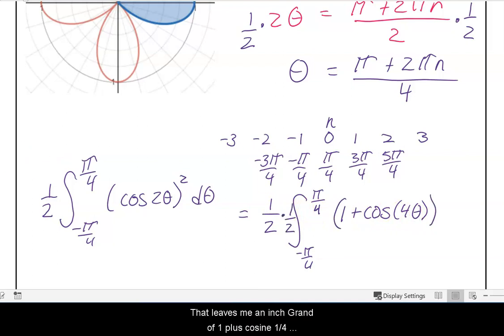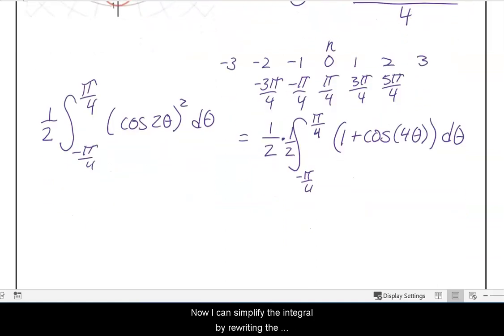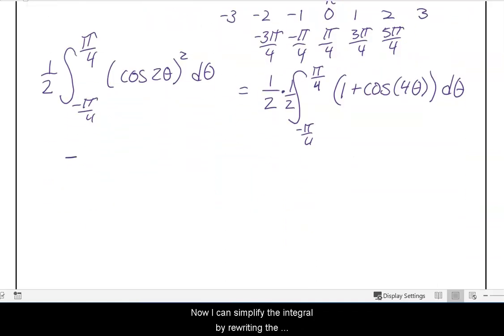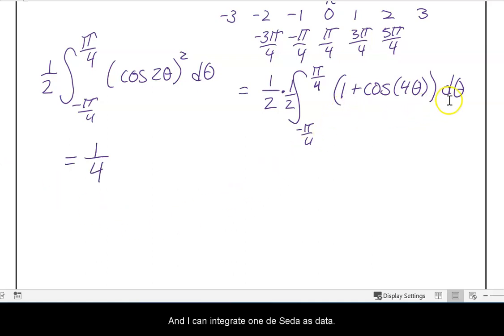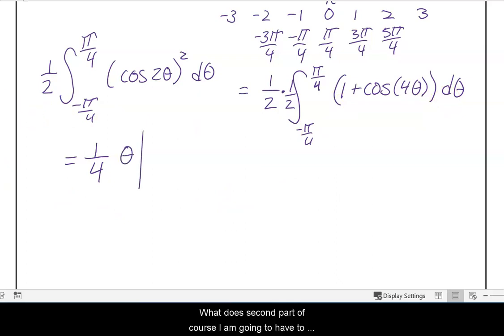That leaves me an integrand of 1 plus cosine of 4 theta with respect to theta. Now I can simplify the integral by rewriting the constant as 1/4, and I can integrate 1 d theta as theta. For the second part, of course, I am going to have to use u substitution.